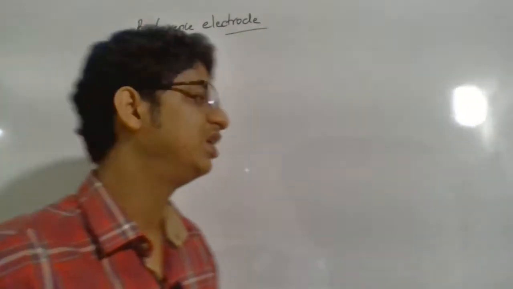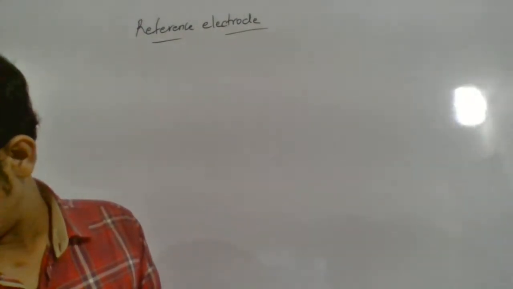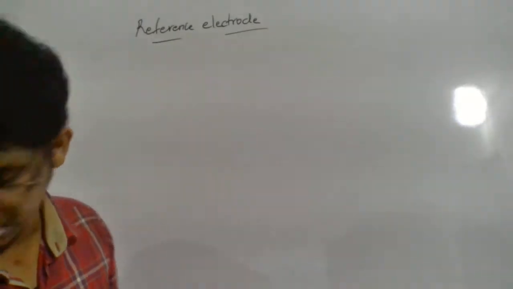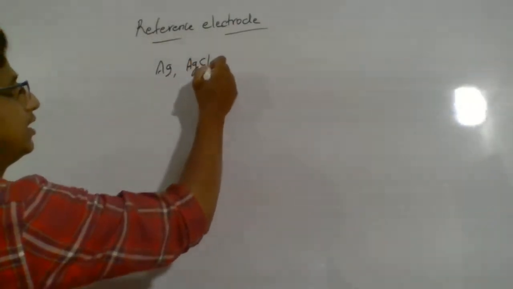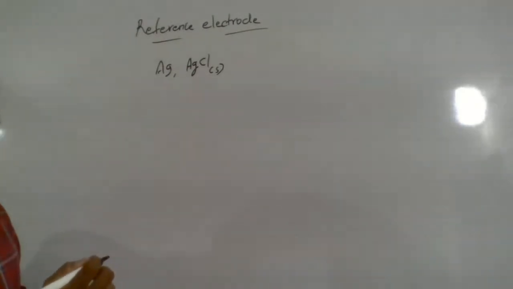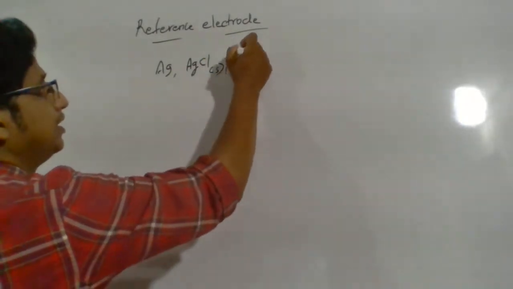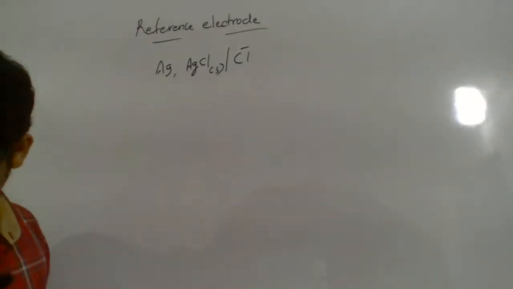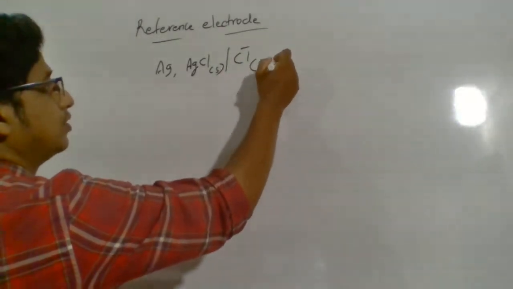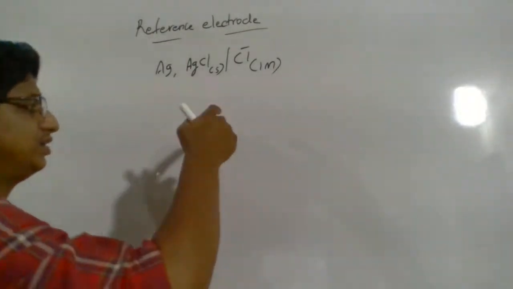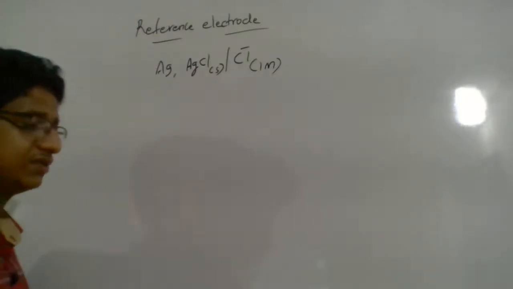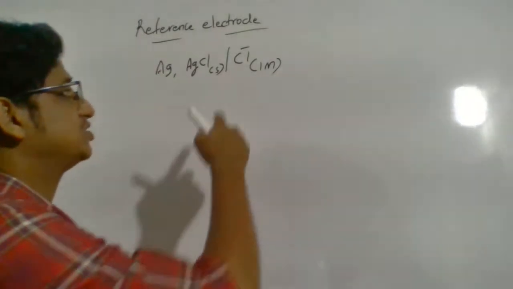First one is the silver-silver chloride electrode. That is one of our secondary reference electrodes, in the presence of an aqueous solution containing a common anion. We already discussed in the reversible electrode section that the silver electrode is a reversible electrode with respect to the anion.